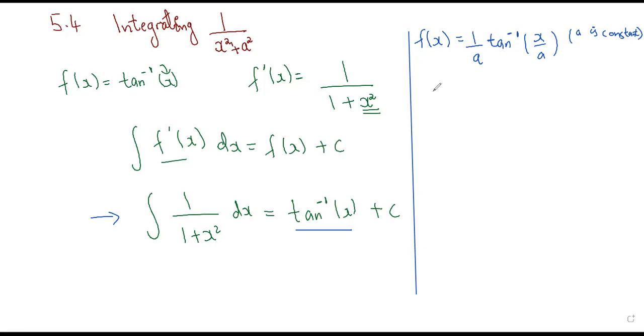Now you have to tell me the derivative, f dash x. When f of x was tan inverse x, the derivative was this. Now we have a similar function. The only difference is we have an a here. So what would be the derivative, Anjali?